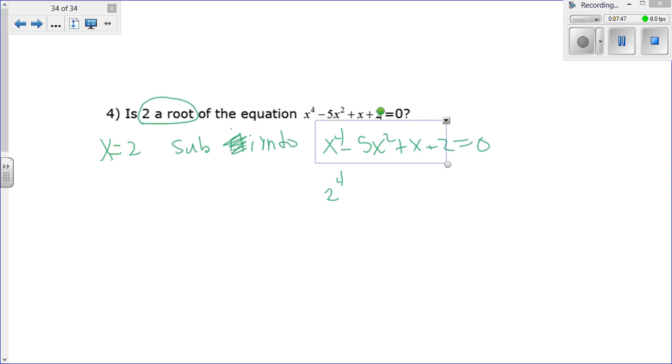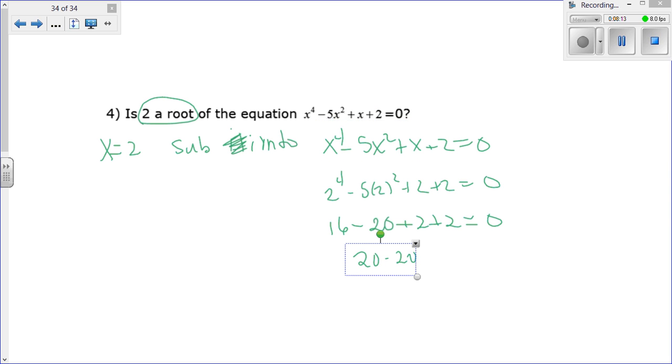So 2 to the fourth minus 5 times 2 squared plus 2 plus 2 equals 0. 2 to the fourth is 16. 2 squared is 4 times 5 is 20. So I have 16 plus 2 is 18 plus 2 is 20, minus 20 equals 0. So 0 equals 0. Since it checks, we're going to say yes, x equals 2 is a root. If it didn't check, it would not be a root.